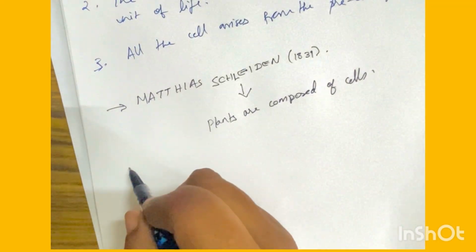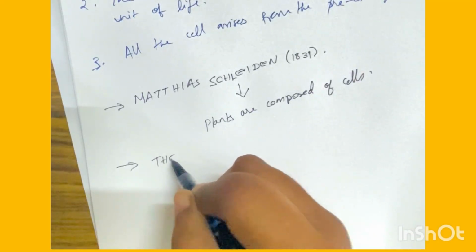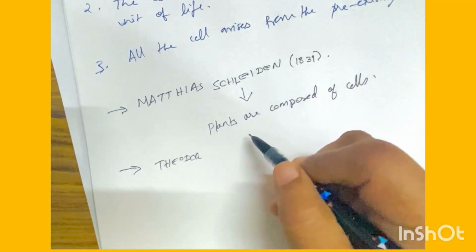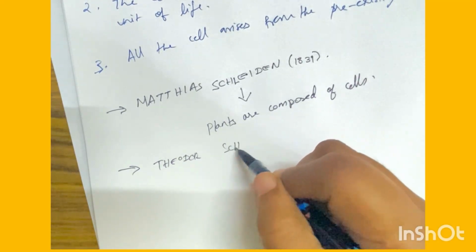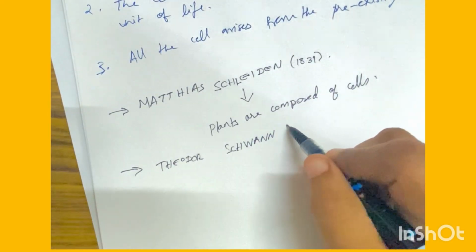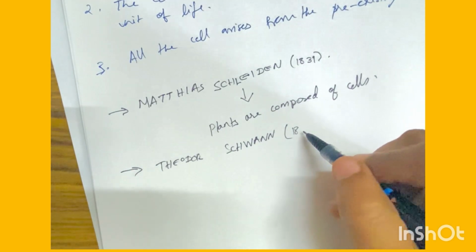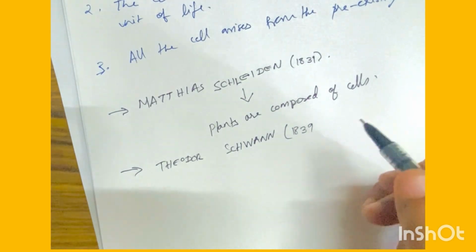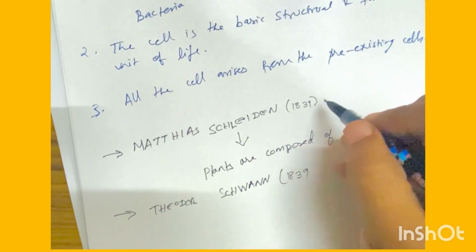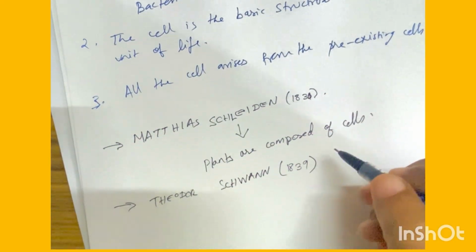Now the second scientist was Theodor Schwann. Now what did he do? In the next year, the immediate next year, 1839, I'm very sorry, this was 1838 and this was 1839.